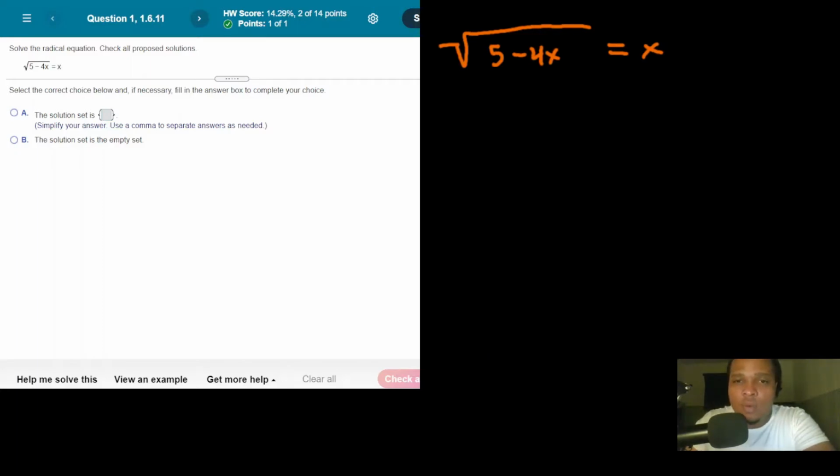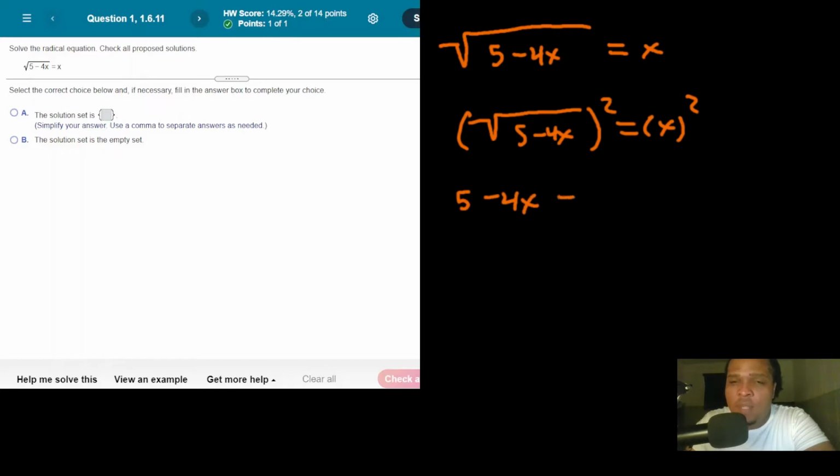Over here we have the square root of 5 minus 4x, this whole thing being squared, equals x squared. Whenever you square something that's being square rooted, the radical just comes out. We have 5 minus 4x equal to x risen to the second power. Now everything is nice and clean.